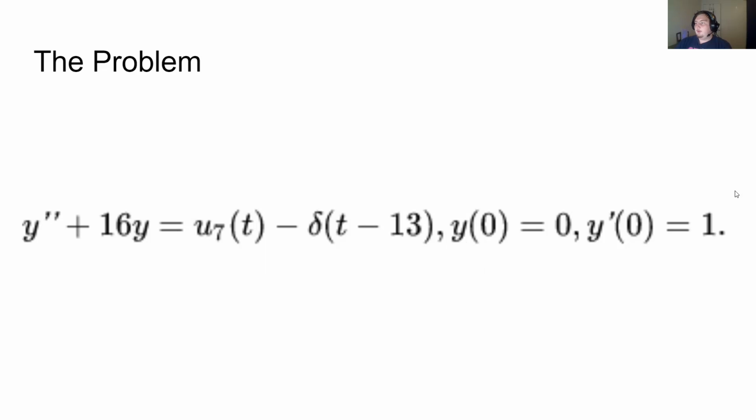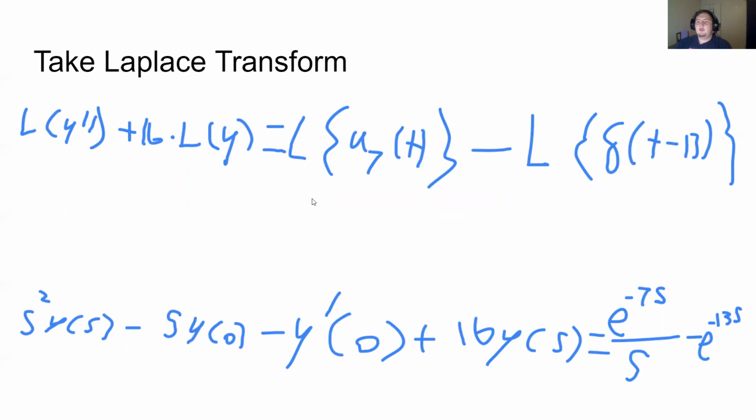So first things first, we're going to take the Laplace transform. When we take the Laplace transform, we take the Laplace of every single piece of this equation. And as you see right here, 16 times L of y, we can take constants out when we take the Laplace. We do this to both sides of the equation and every piece.